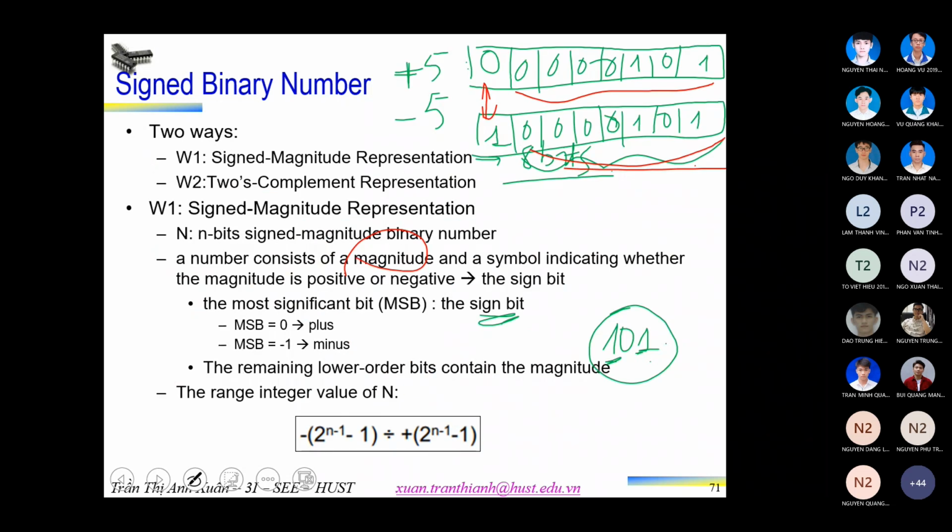So that's all for the two ways we can express a signed binary number. We only differ for the negative number. For the positive, the representation is the same in both ways. The first way is easy, but in calculation they don't use this method.